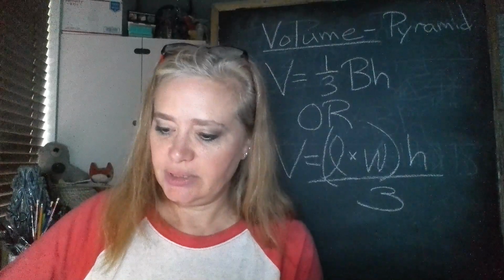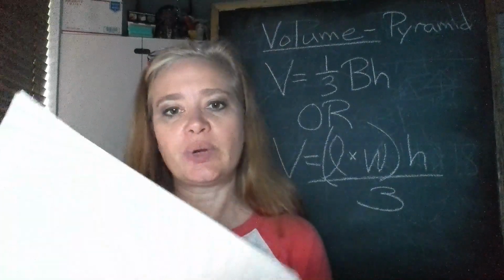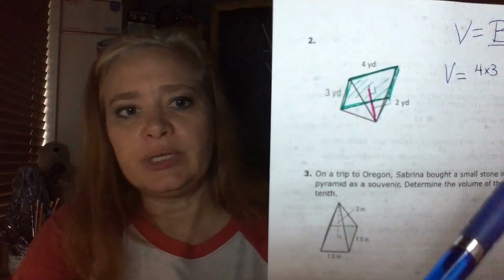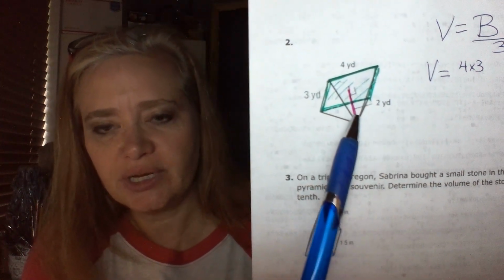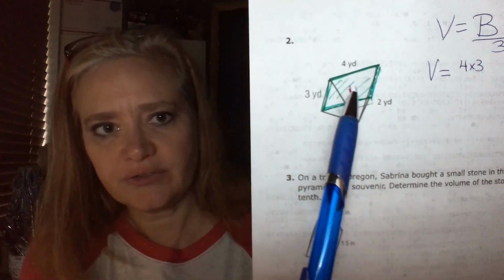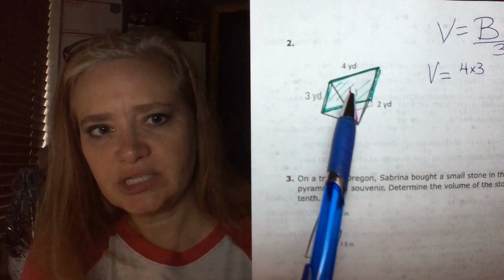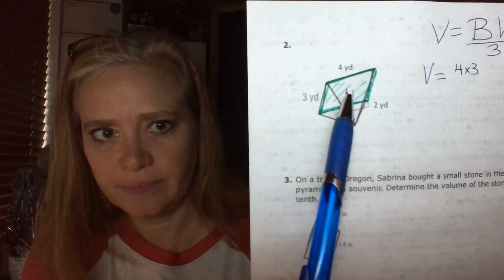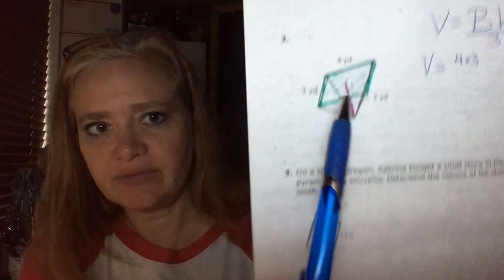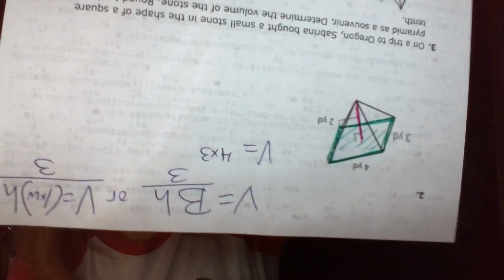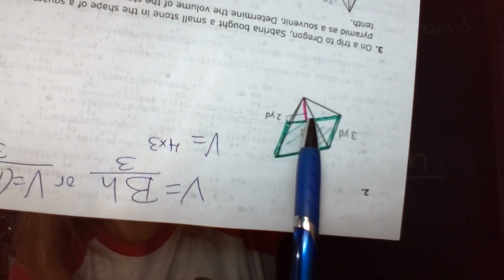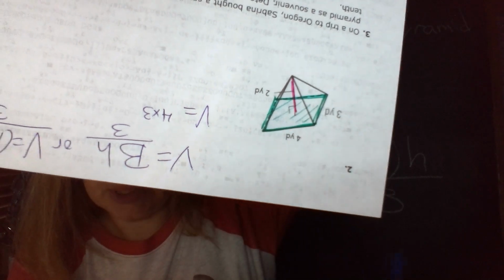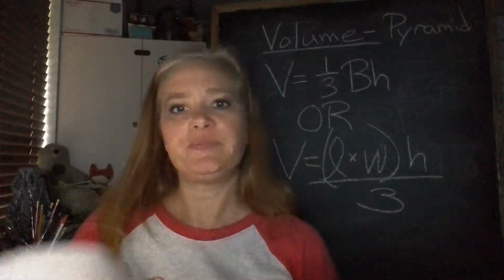How tall is our square pyramid? And when we look at this particular picture, our height is 2 yards. Now the nice thing for finding the height is it always starts in the center of your square, and they give that away by giving you that right angle symbol. So if you turn it and look at it this direction, this looks like a right angle, and that tells you my pyramid is 2 yards tall.